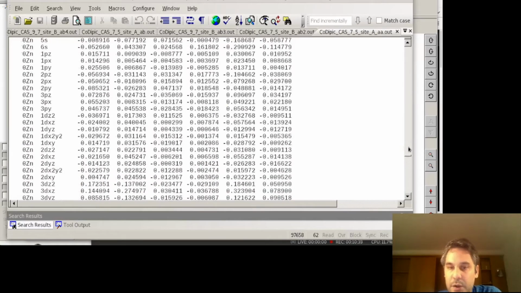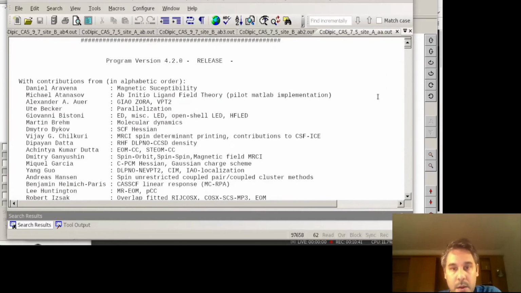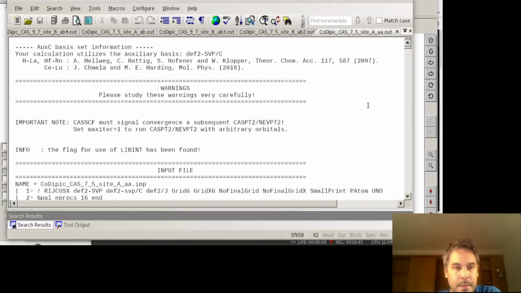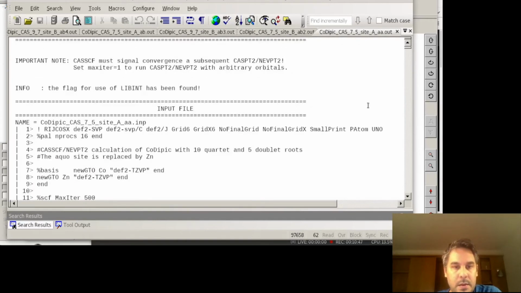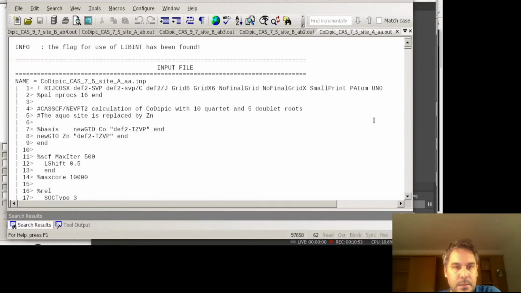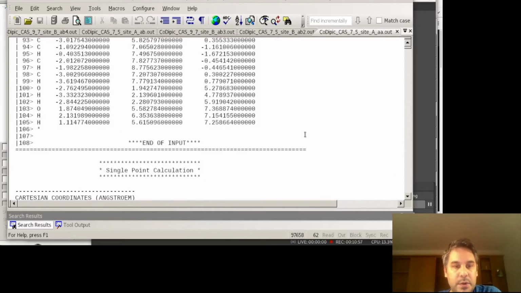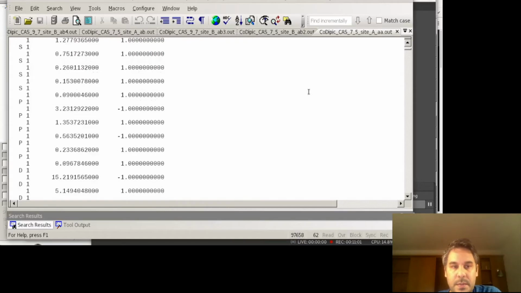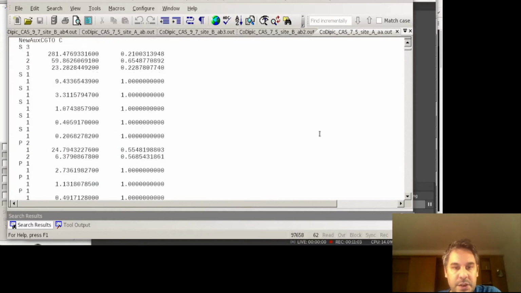If we look at the output, first the input is copied, then the basis set information, etc.